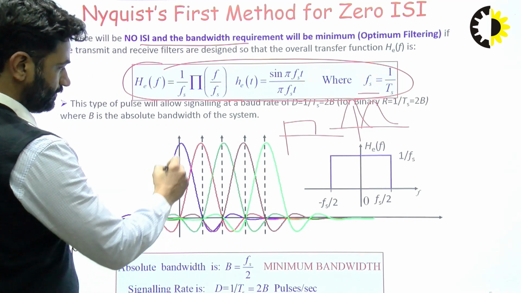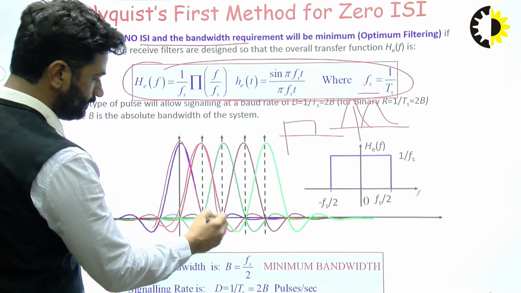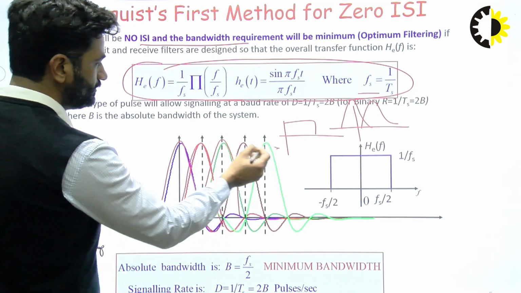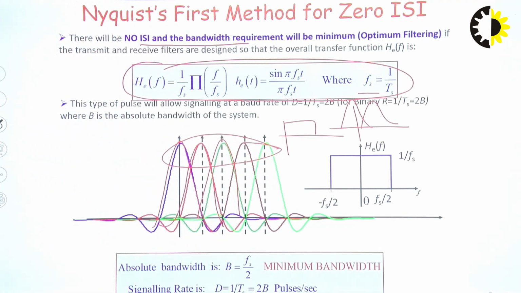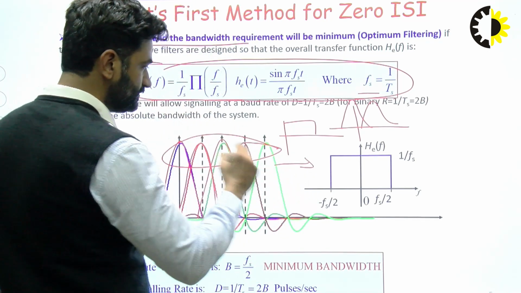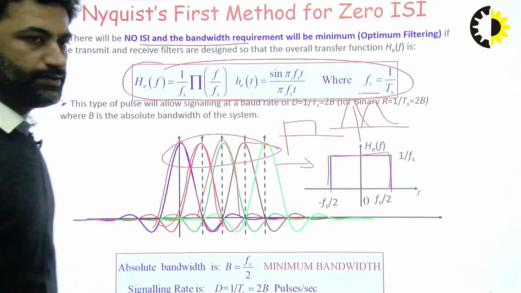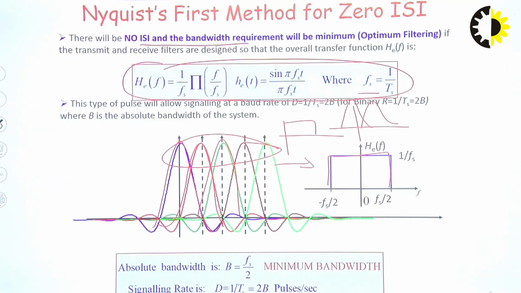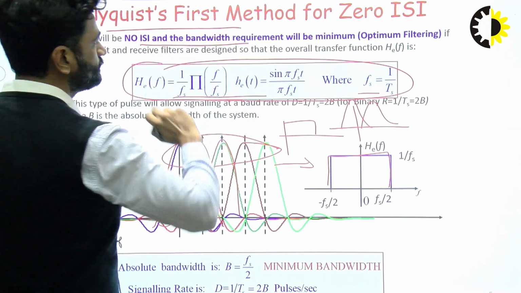For one bit we are using the blue one, and for another bit we are using the red one. Most of the energy is contained in the top level of these sinc pulses. If we take the Fourier transform of this pulse, it gives the rectangular pulse shape diagram. To control the ISI, we use this type of transfer function, known as the Nyquist first method for zero ISI.